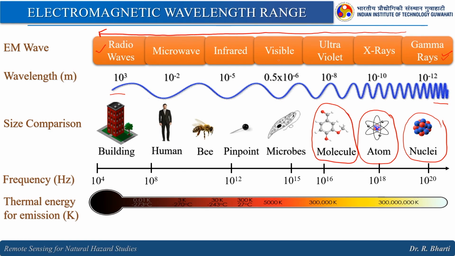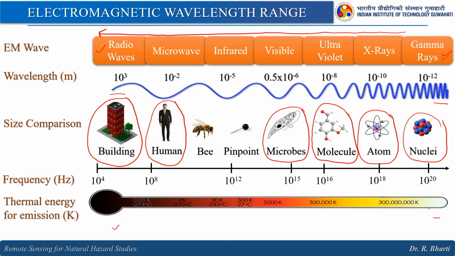Then when we use the visible light, we can identify the microbes. When we move to infrared and then microwave, the bigger size objects are seen, you can see here. So the frequency is also given here for gamma rays to radio wave, and the thermal energy. So the thermal energy available at the shorter wavelength will be higher than the radio waves, right?